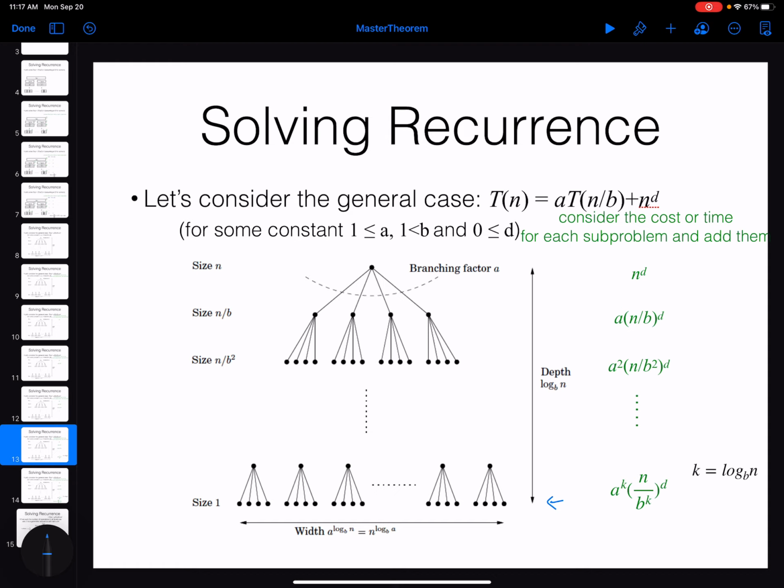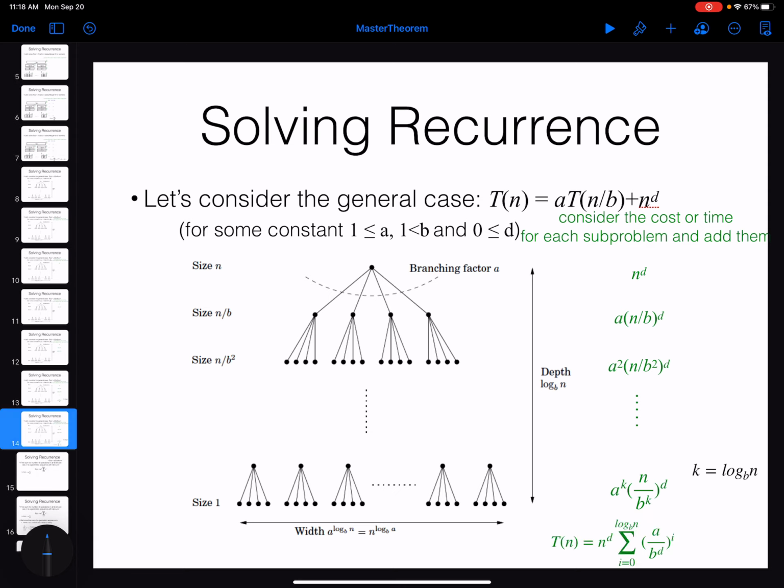In the last level, the size is 1, but the number of sub-problems that I have is going to be a to the power of k. So this is going to be the total cost for the last level. You can see that I have a very nice pattern of numbers, so I can write down the full summation as something like this.